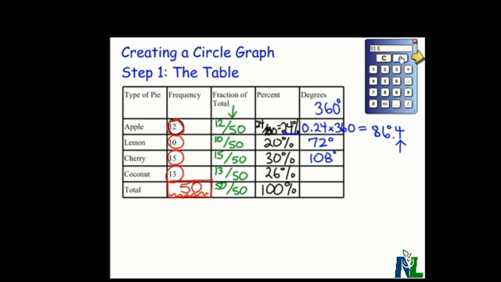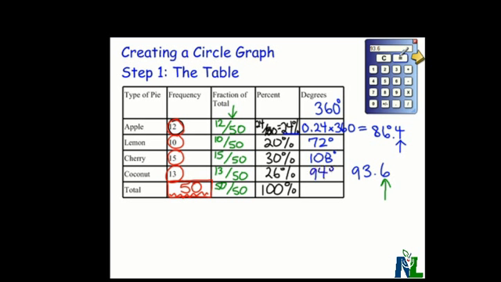And it gives us 93.6. I'm going to write this over to the side. Now, we want to round that to a whole degree. We're going to look at the first number after the decimal. If it's 5 or greater, we round up. So in this case, we're going to round up 93 to 94 degrees.